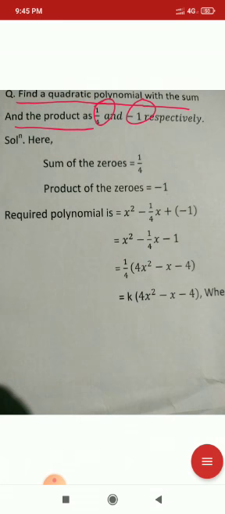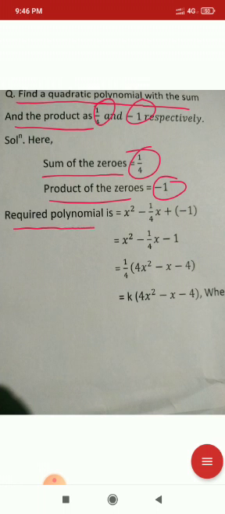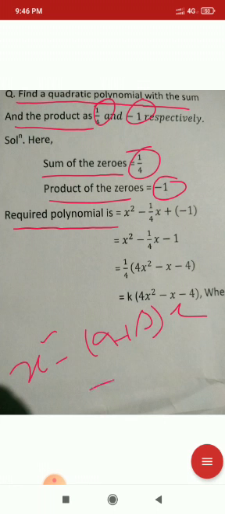We just have to write it this way, that is, the sum of the zeros is 1 by 4 and the product of the zeros is minus 1, and we have to replace these, the sum of the zeros and the product of the zeros, in the standard form of a quadratic polynomial with the zeros, that is x square minus (alpha plus beta), that is the sum of the zeros, into x plus alpha beta.